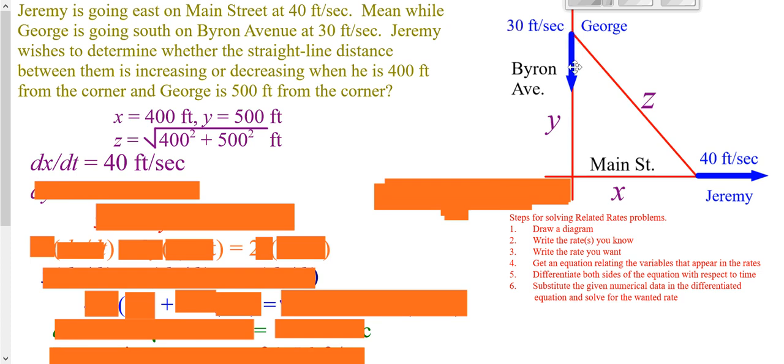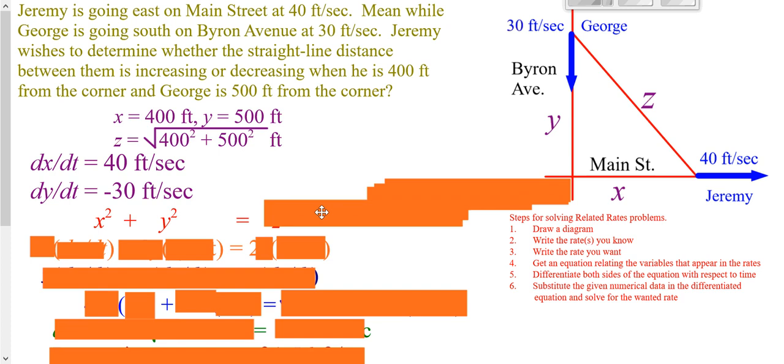He's walking towards the corner, so that distance is getting shorter, so that's going to be a negative rate. And we're wondering about the rate in between them. So we're looking at the rate of z is what we're wondering about. So we're wondering about dz over dt.